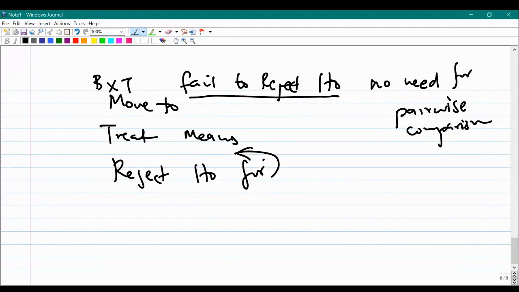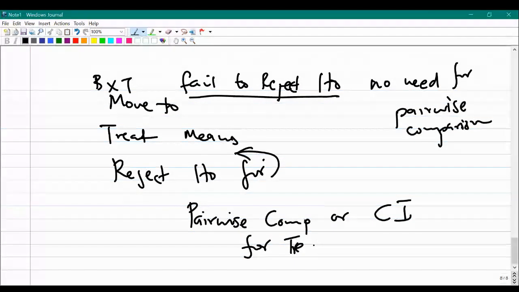So for this type of question, expect pairwise comparison or confidence intervals for treatment, where you can be asked to find the pairwise comparison for the treatment, or for treatment by block.